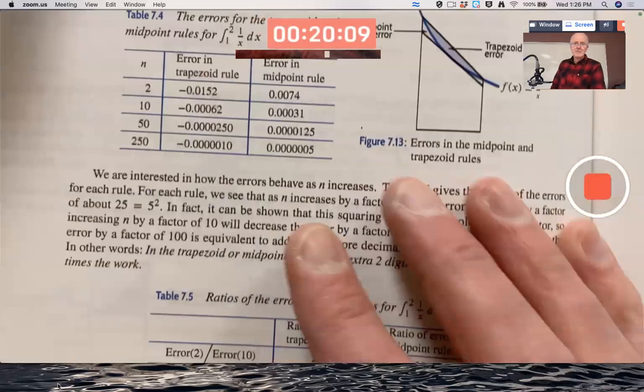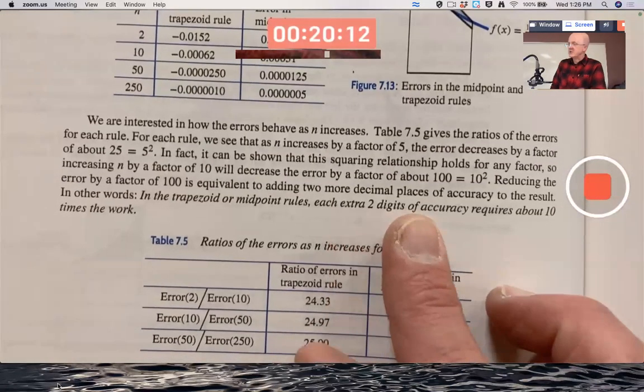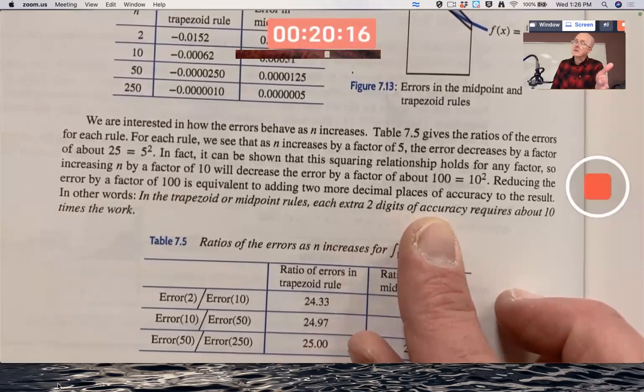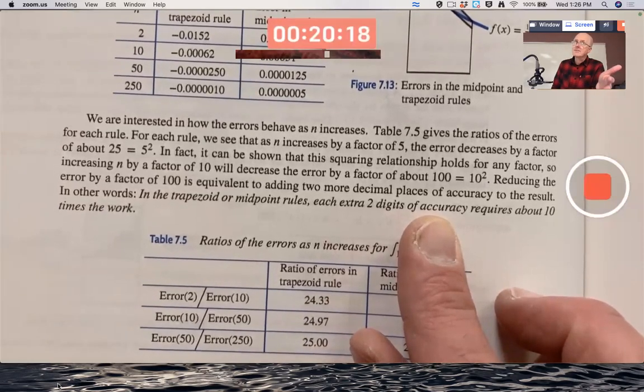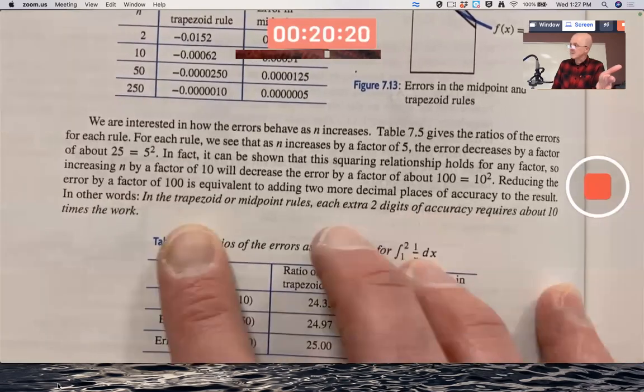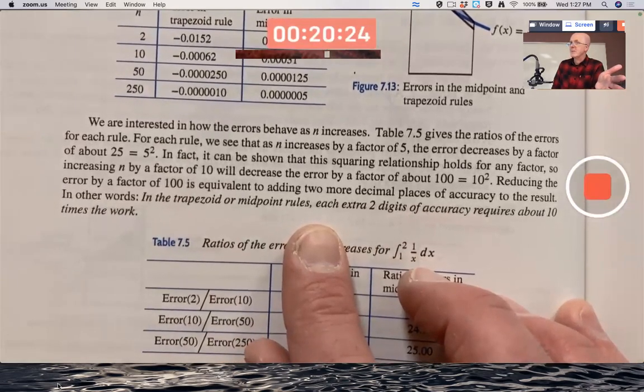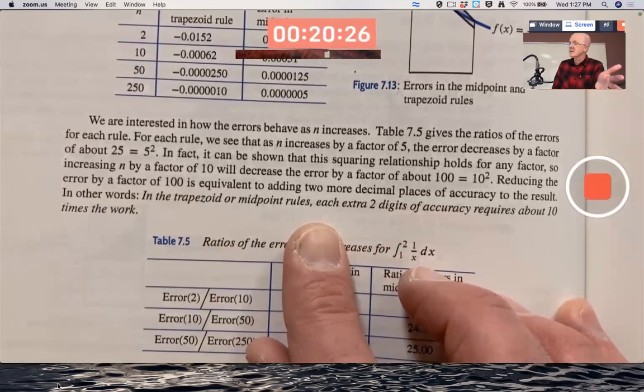For the trapezoid and midpoint rules, each extra 2 digits of accuracy, meaning the error goes down by a factor of 10 squared, 100, requires about 10 times the work if n increases by a factor of 10. The error goes down by about a factor of 10 squared.